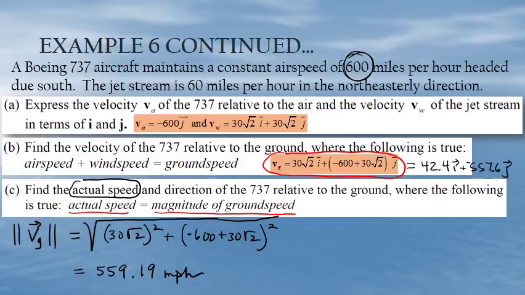The other part that they want to know is the direction. In other words, what is theta? Well, what we know, if you recall, is that this 30 root 2 is a horizontal movement. It's like an x. And the negative 600 plus 30 root 2 is our vertical movement.